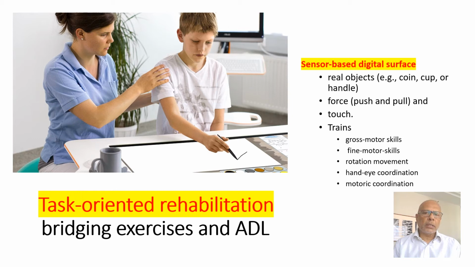The use of sensor-based digital surfaces as part of the robotic platform helps to achieve this. You can put various types of real-world objects on the robot surface and get the patients to use the limb to achieve the motor task. This helps with gross and fine motor skills, hand-eye coordination and motor coordination.